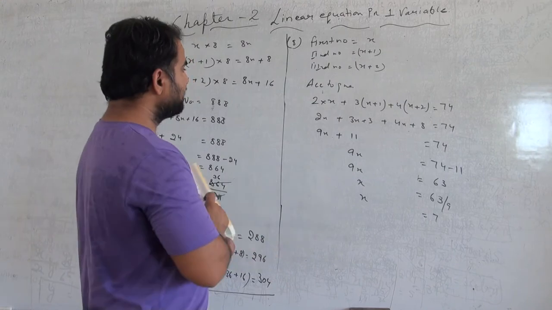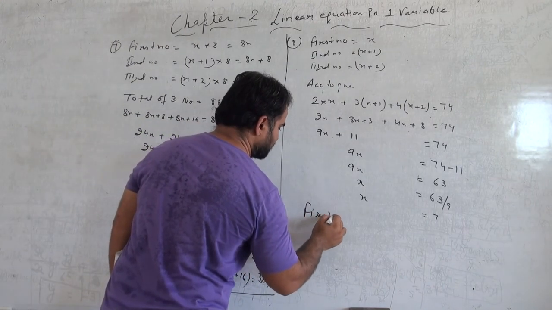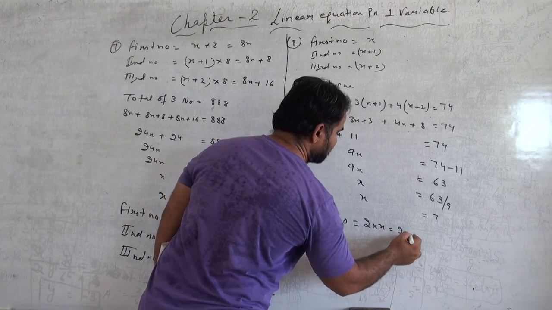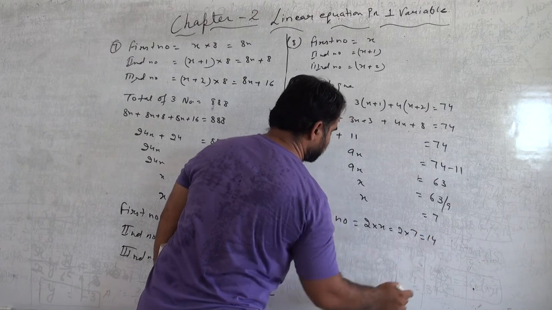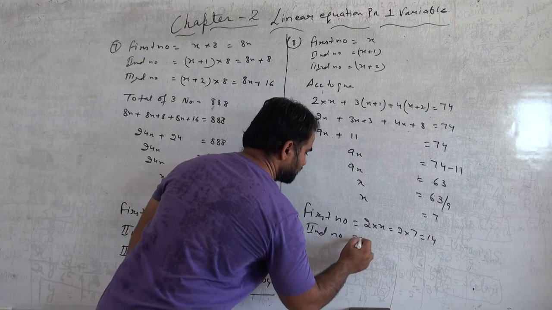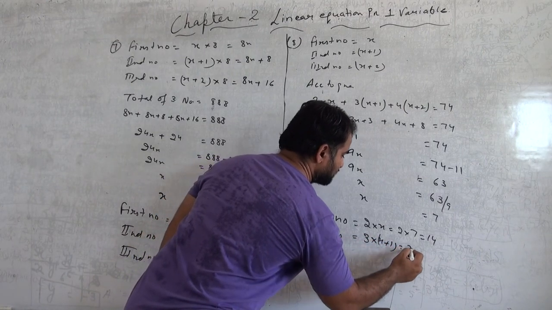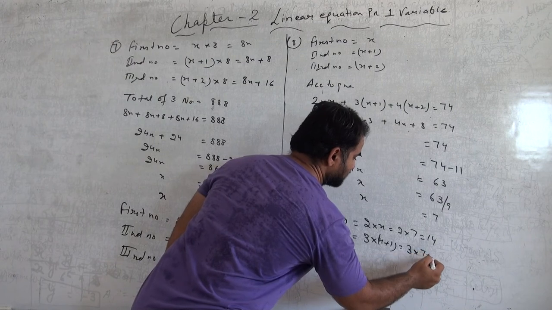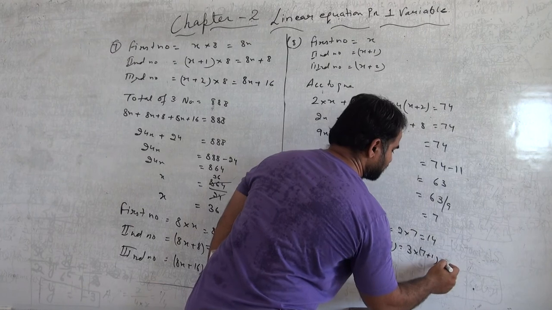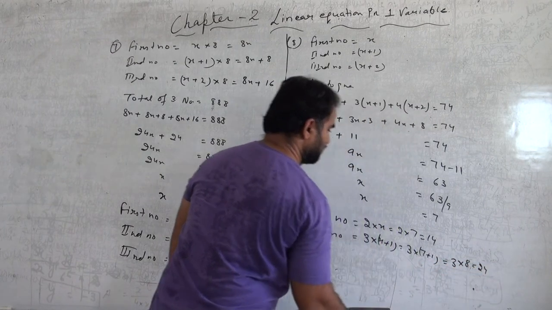Then the first number will be 2 multiplied by x equals 2 multiplied by 7 equals 14. Second number will be 3 multiplied by (x plus 1) equals 3 multiplied by (7 plus 1) equals 3 multiplied by 8 equals 24.